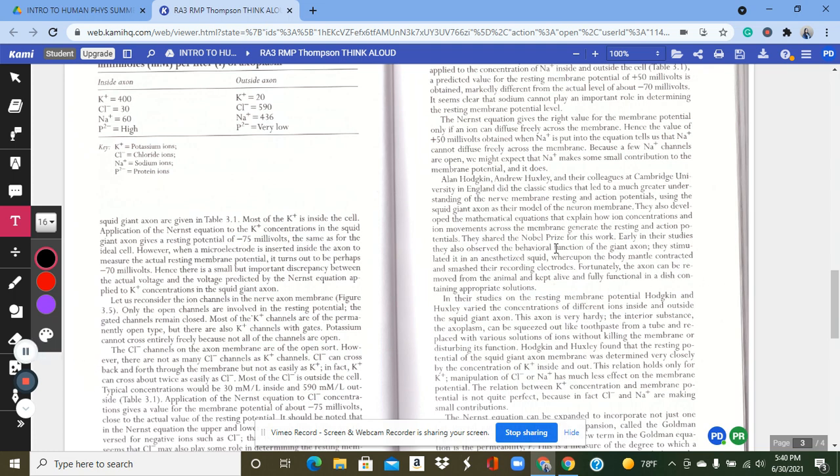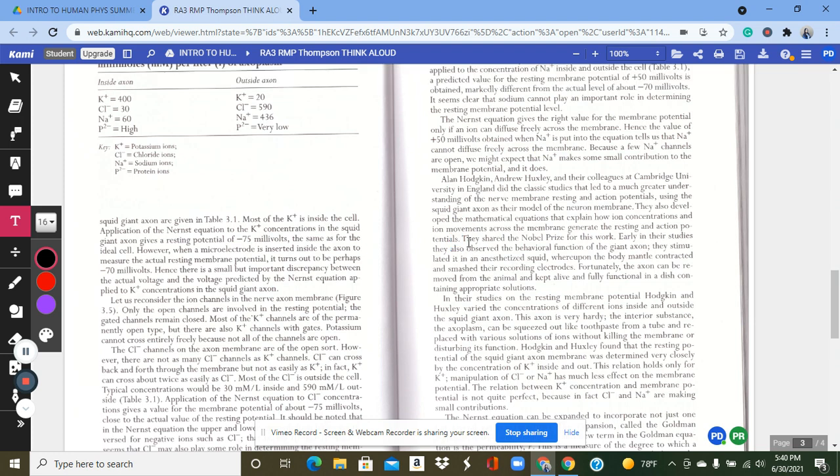I think it's talking about the Hodgkin-Huxley equations. I don't know why, but that was super hard to pronounce. But yeah, the Hodgkin-Huxley equations, which I actually did learn for AP Chemistry.